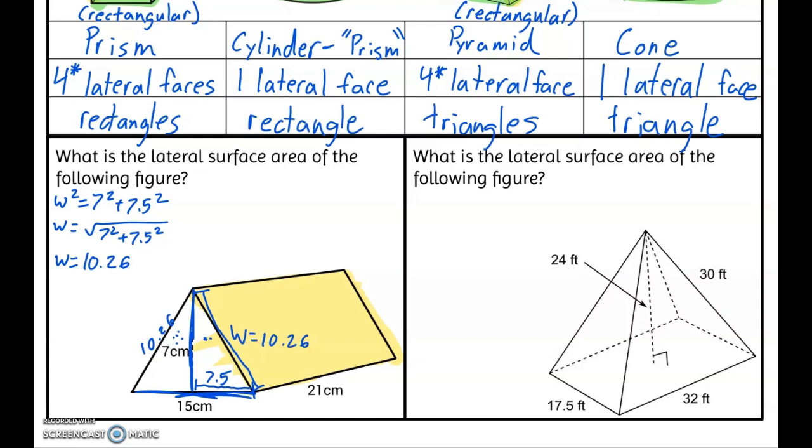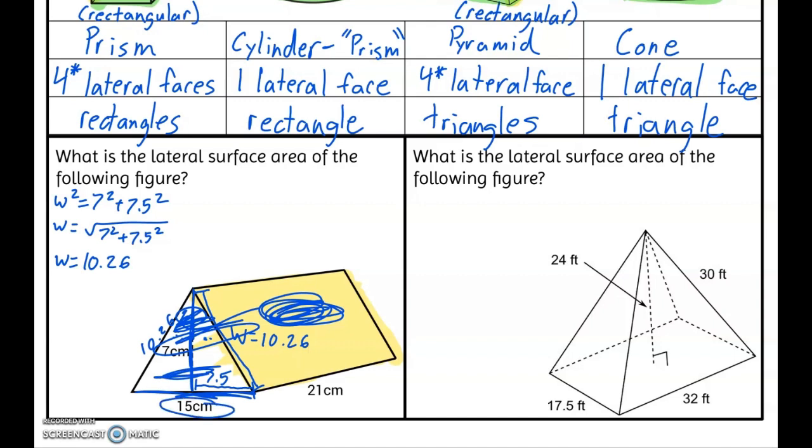And what I mean by that is we're going to find the area of this face right here, and this face is the same as the other side, which would be over in this area right here. But then we need to find the area of the bottom shape, which has the width of 15. So let's go ahead and do that.